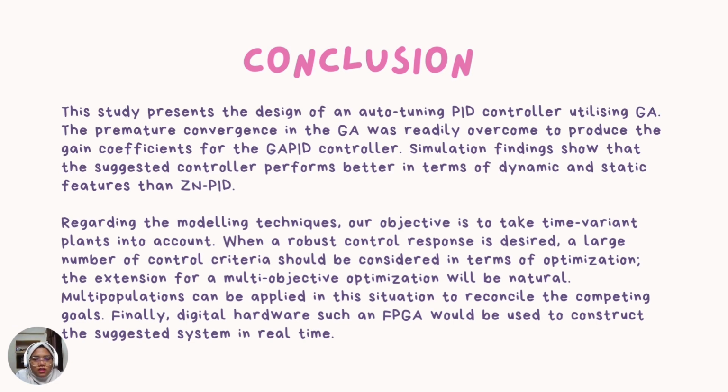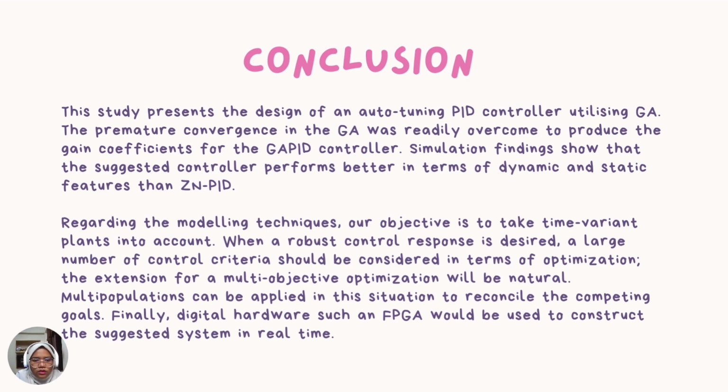Simulation findings show that the suggested controller performs better in terms of dynamic and static features than ZNPID. Regarding the modeling techniques, our objective is to take time-variant plants into account.